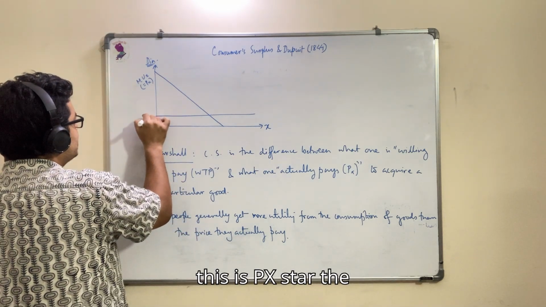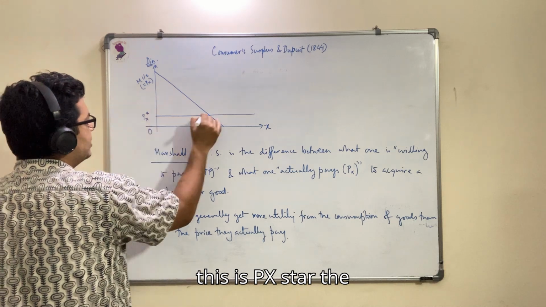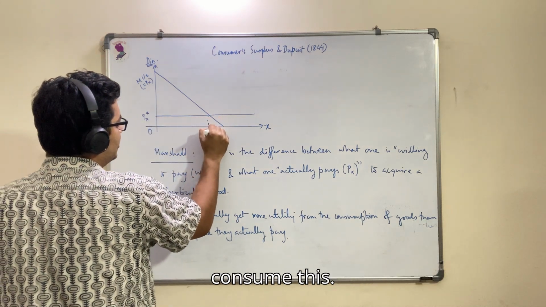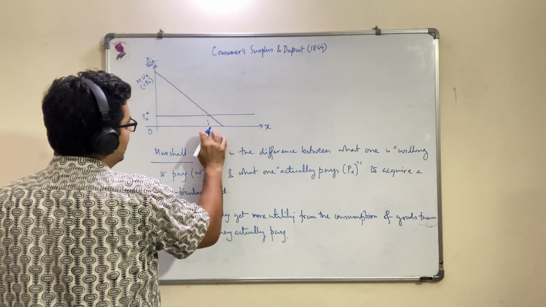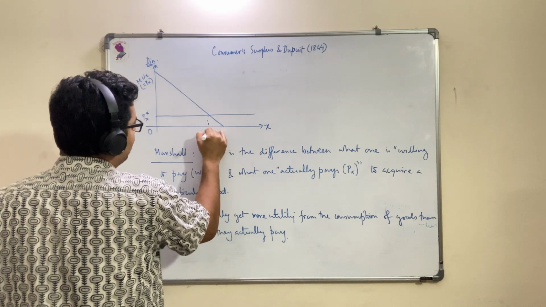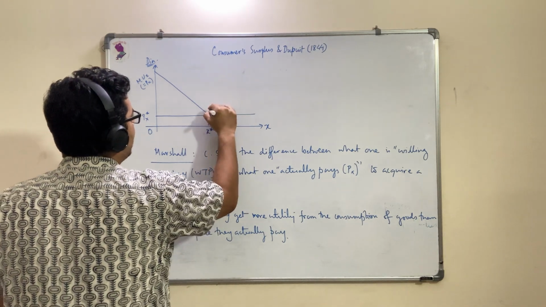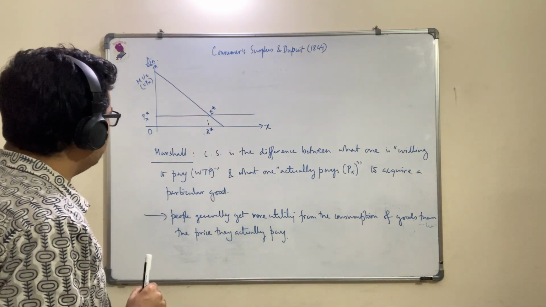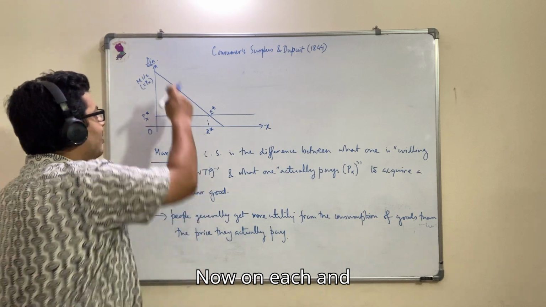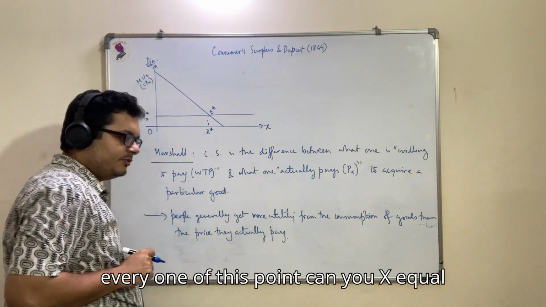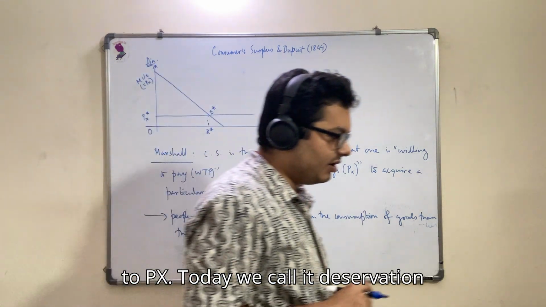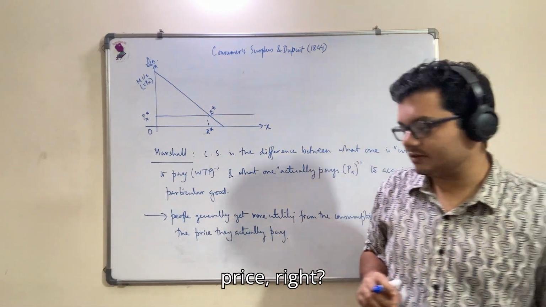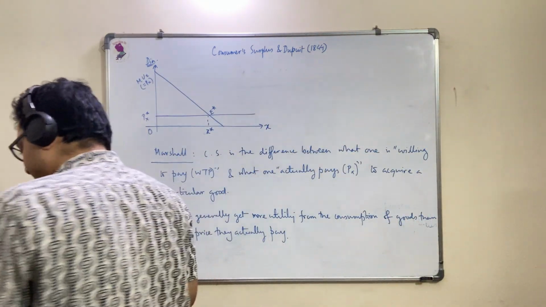Okay, so if this is Px star, the given market price, then you should consume this X star and your equilibrium is Z star. Now, on each and every one of these points, MUx equal to Px. Today we call it reservation price, right? Okay.